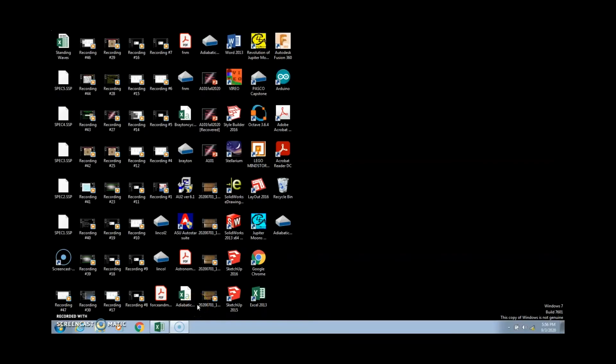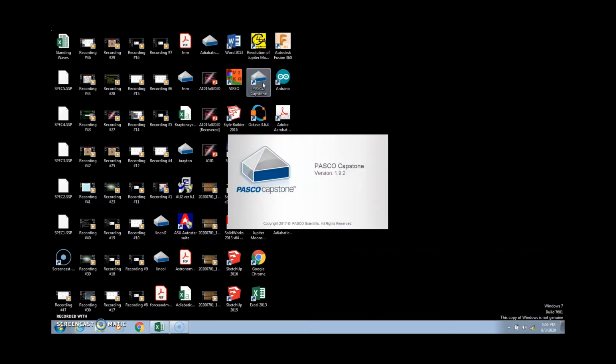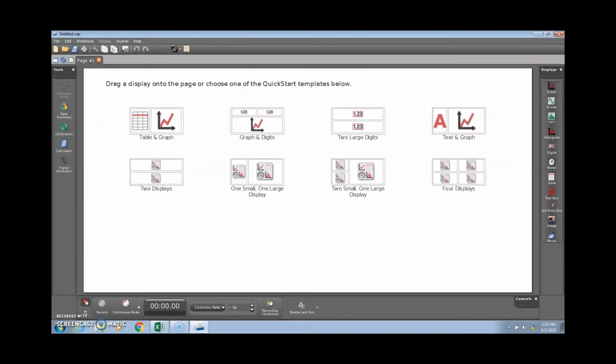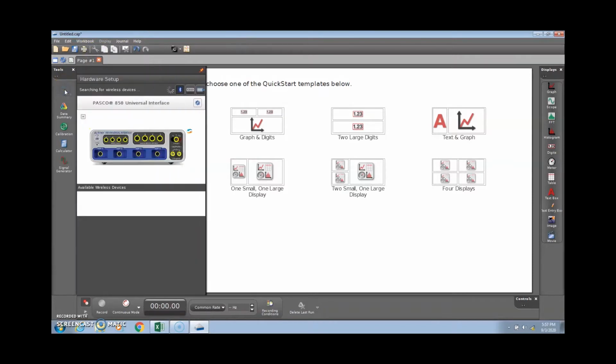Okay, so this is the program setup for Pasco Capstone for the adiabatic compression exercise. Start off with the hardware setup.